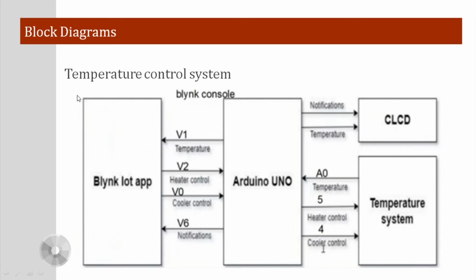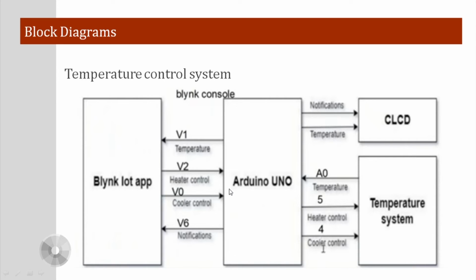This is the block diagram. Our first objective is the temperature control system. In this temperature control system, this is the block diagram. This is the Blynk IoT app, this is Arduino Uno, this is the LCD, and this is the temperature system. In our home, this temperature system is there and the LCD display is there.